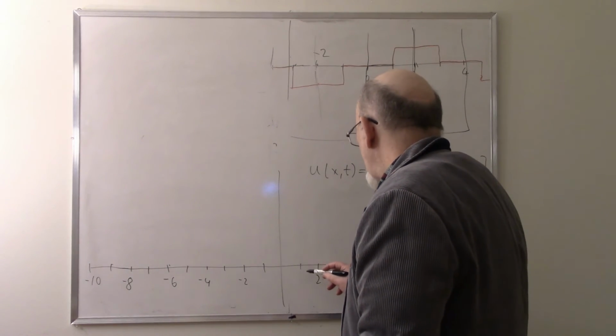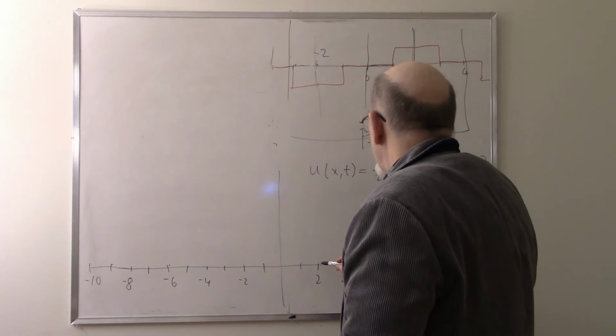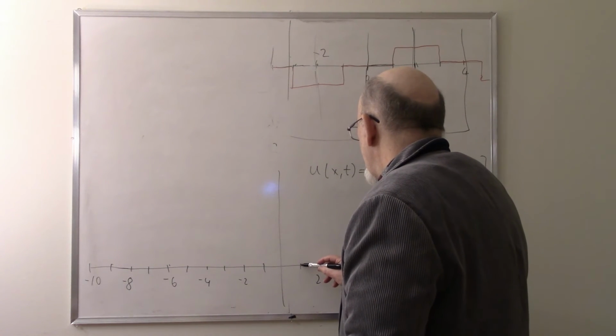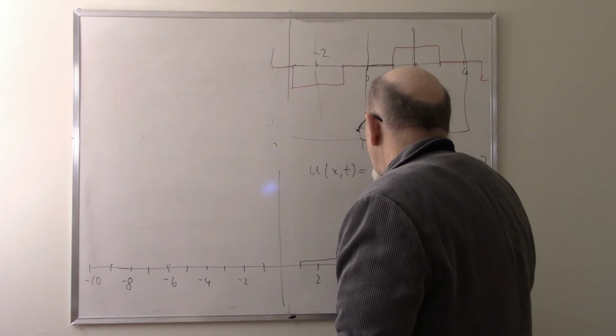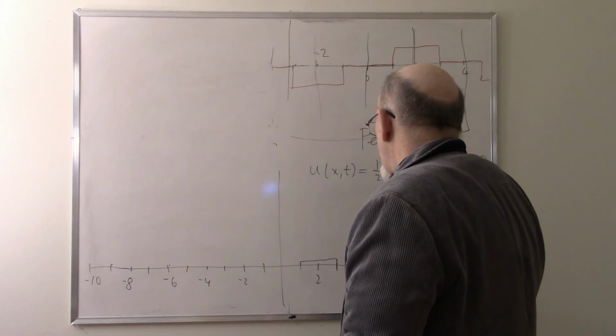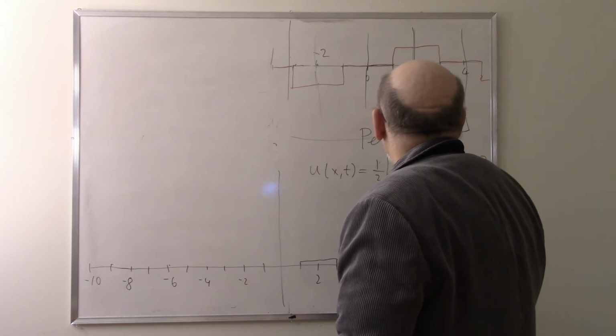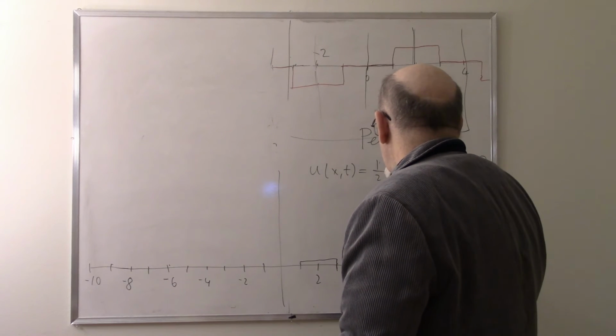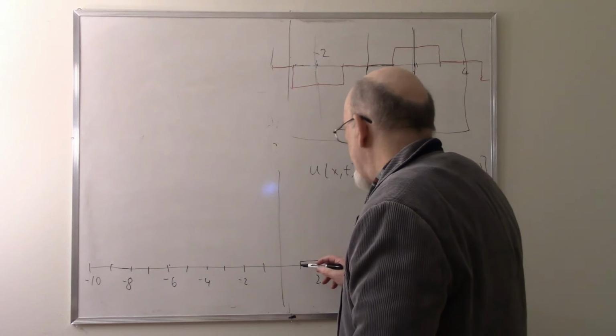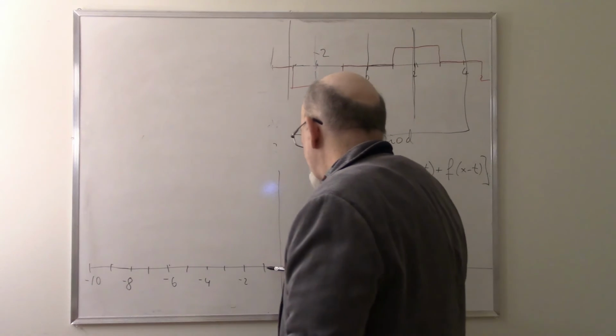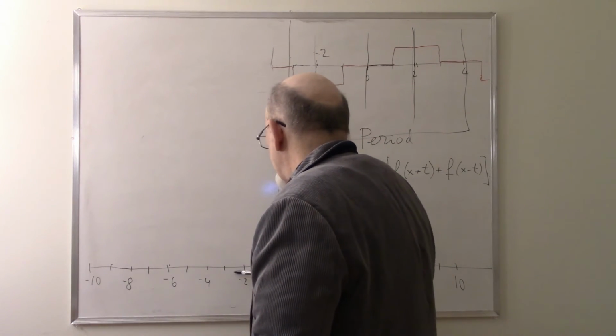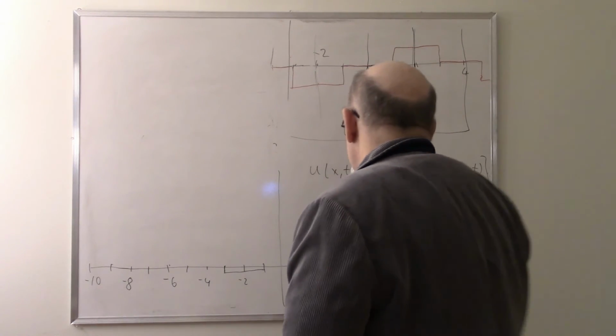Now let me again sketch the function. So here from 1 to 3 it is plus 1. Here from minus 1 to minus 3 it is minus 1.